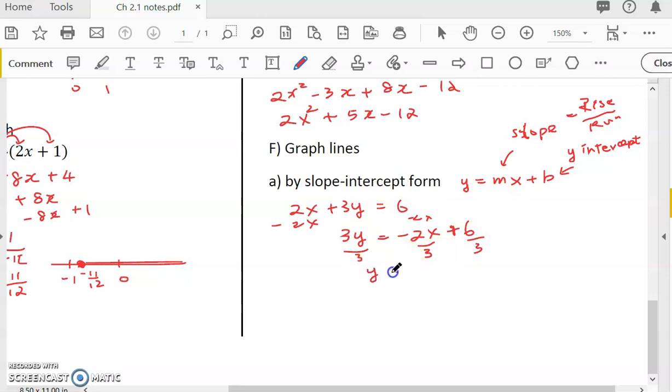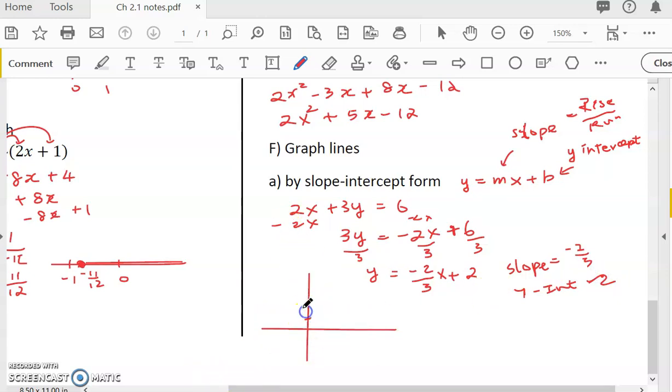So I have slope intercept form: y equals negative 2 over 3 x plus 6 over 3 is 2. Slope is negative 2 over 3. Y-intercept is positive 2.